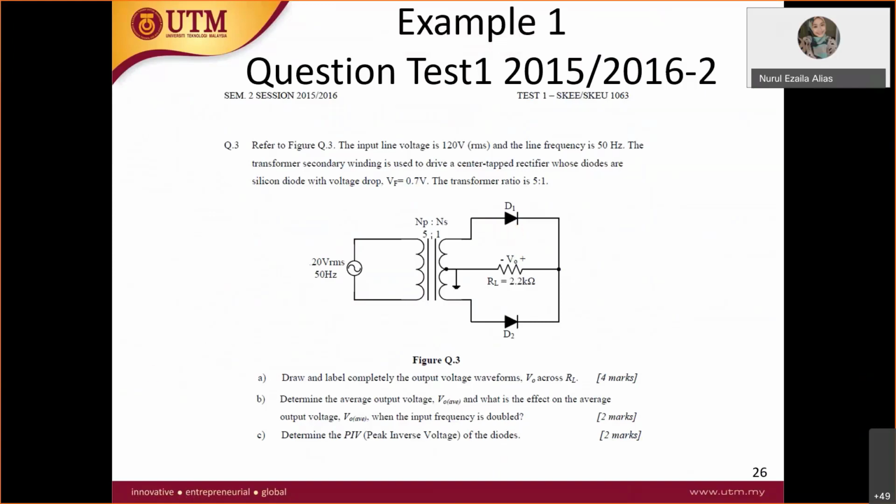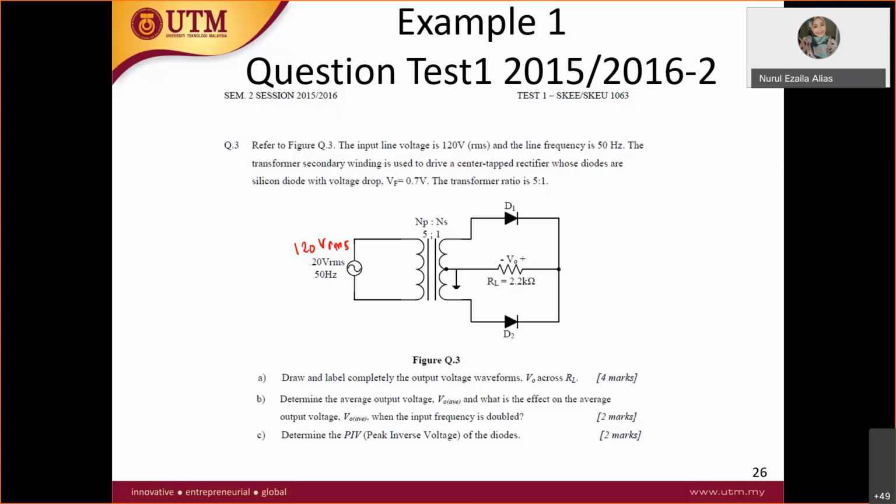Refer to Q3. The input line voltage is 120 volt RMS. Excuse my handwriting, very bad.